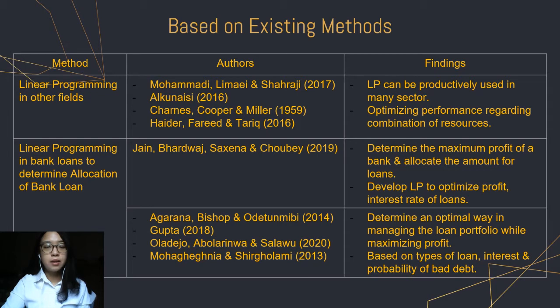And Agarana also applied linear programming to determine an optimal way of managing the loan portfolio of a bank while maximizing the profit. They measure the maximization of profit based on data from the annual report and financial statement of the bank, which include the types of loans, interest rate, and probability of bad debt.